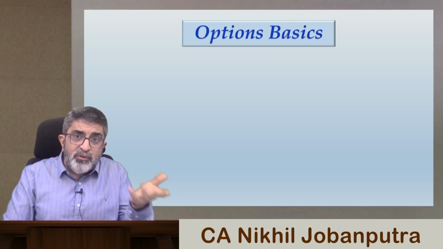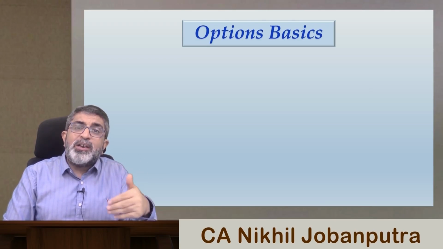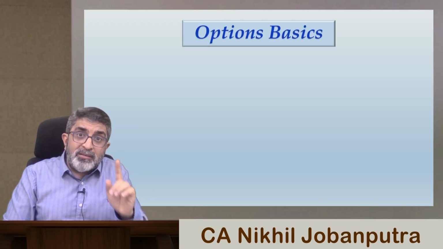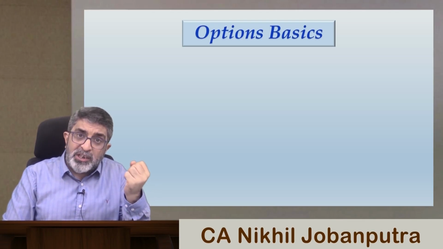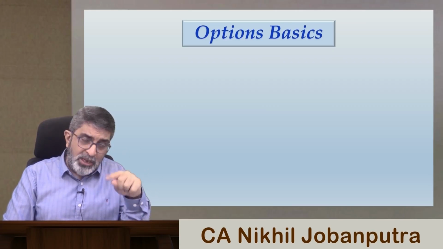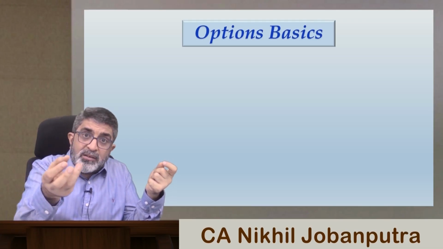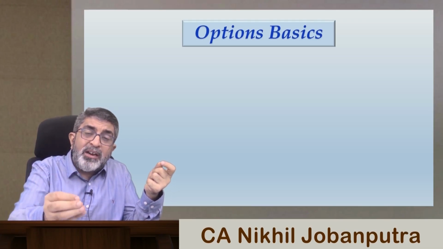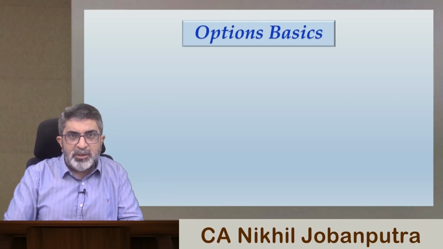Call options convey the right to buy, put options convey the right to sell. But who can exercise this right? The holder of the option can exercise the right. The writer of the option, the counterparty, is the provider of the option, and the choice is always made not by the writer of the option. Choice is always made by the holder of the option.